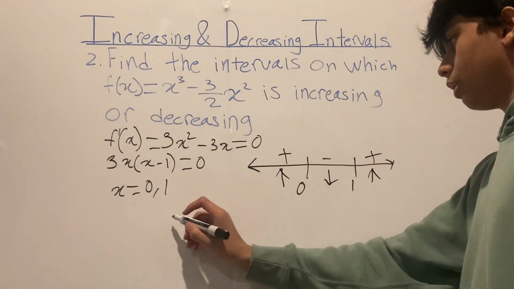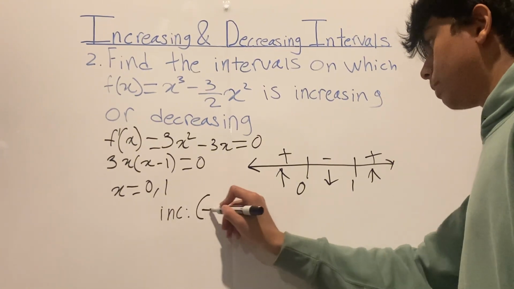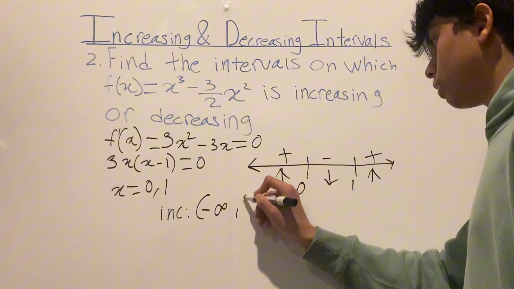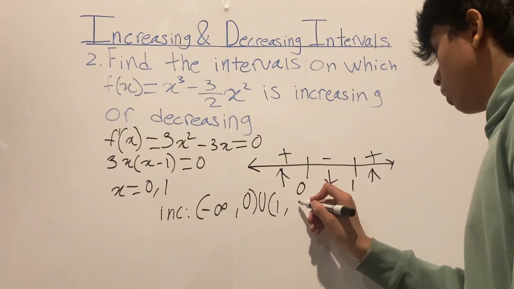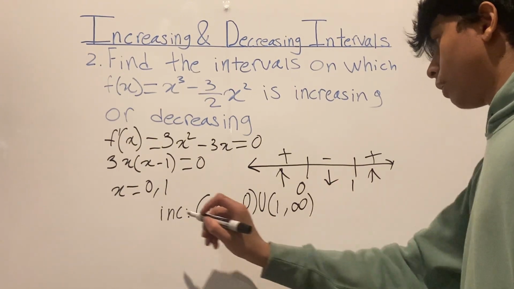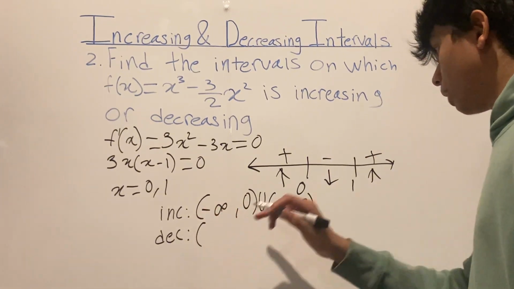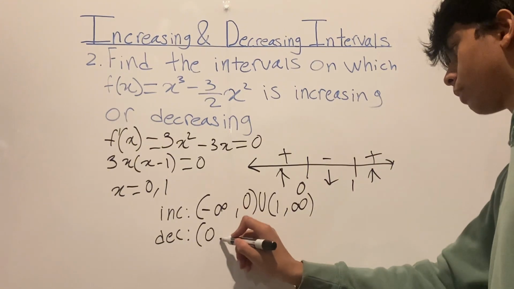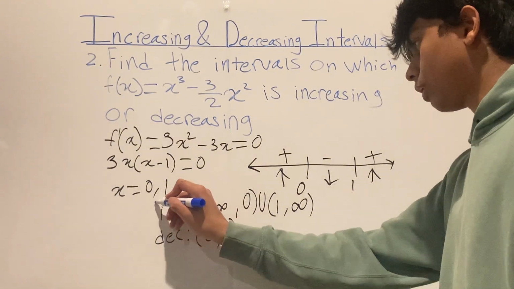That means the intervals where f of x is increasing are negative infinity through 0, union 1 through infinity. And where it's decreasing is 0 through 1. And this is our final answer.